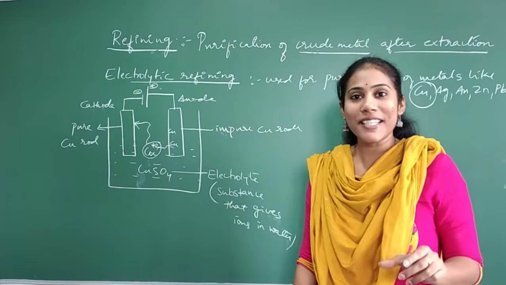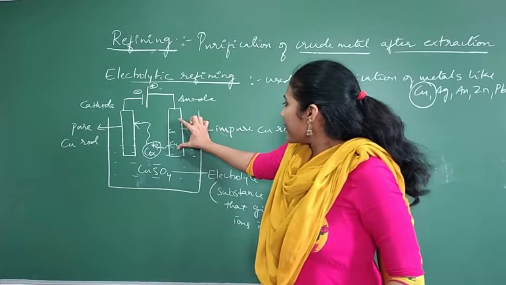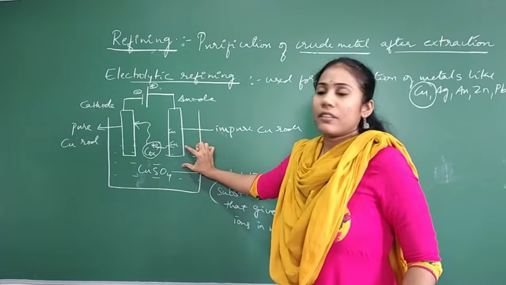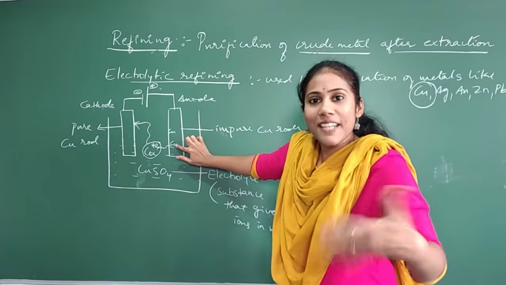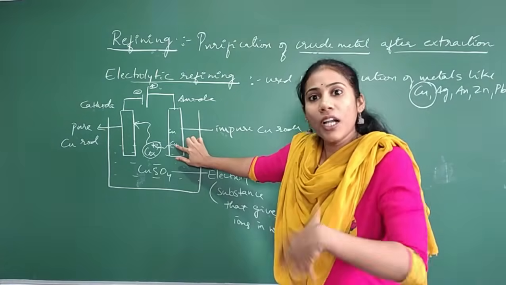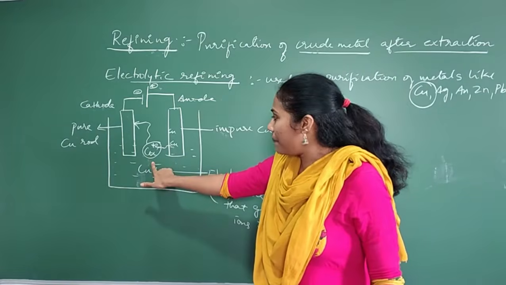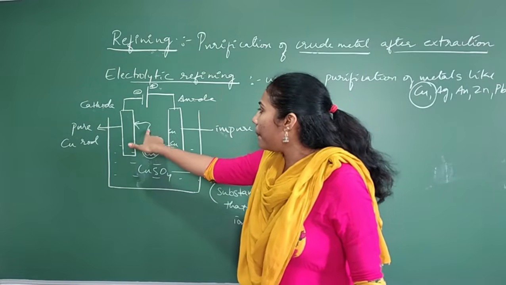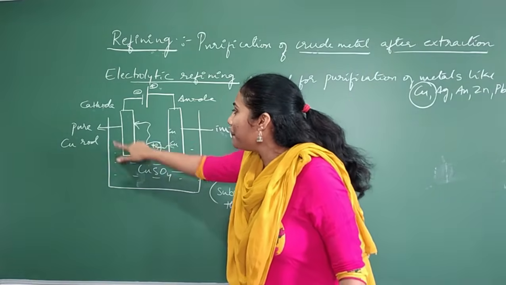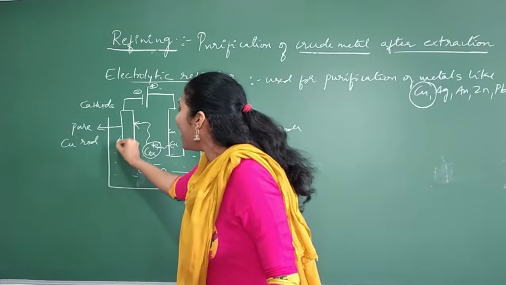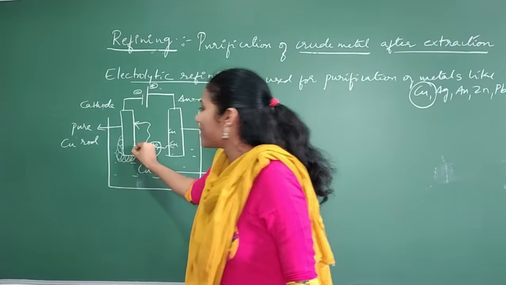Understood the mechanism? What is happening here? This is the impure copper rod. Whatever pure copper is there, all the copper will come into the solution. Again from the solution, all the copper ions are going to the pure copper rod and there the copper is getting deposited.